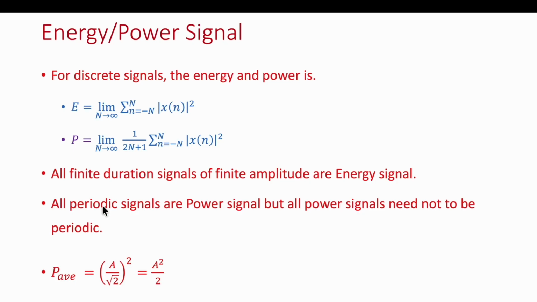The second point is that all periodic signals are power signals, but all power signals need not be periodic. For example, the cos signal and the sine signal are periodic signals.